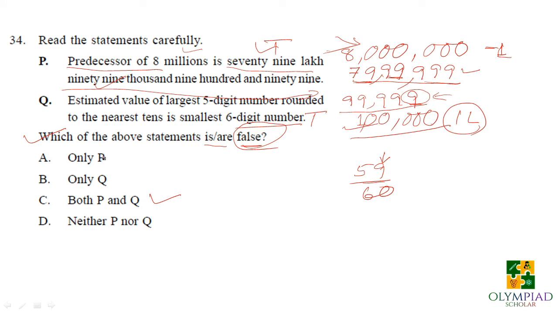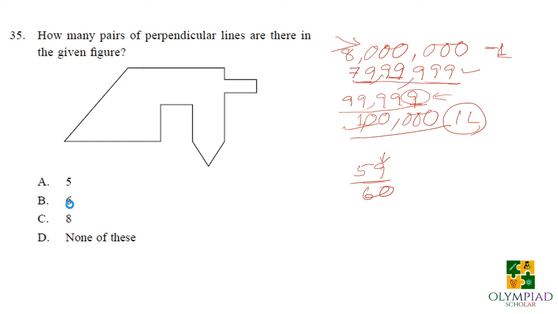So here: only P is false, only Q is false, both P and Q are false, or neither P nor Q is false. So our answer would be neither P nor Q is false. We have got both true, so neither of them is false.